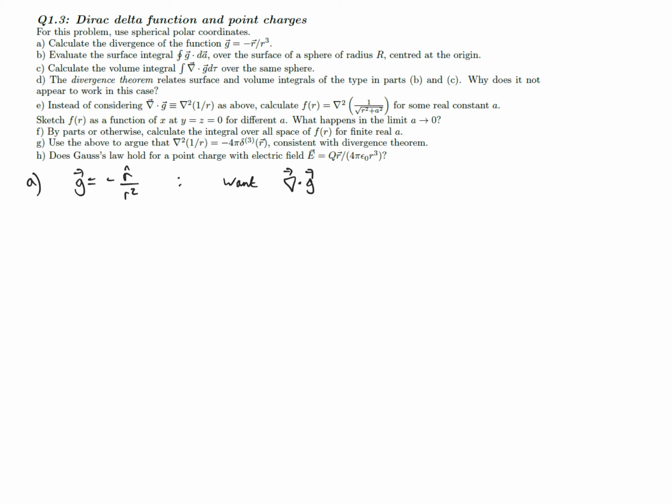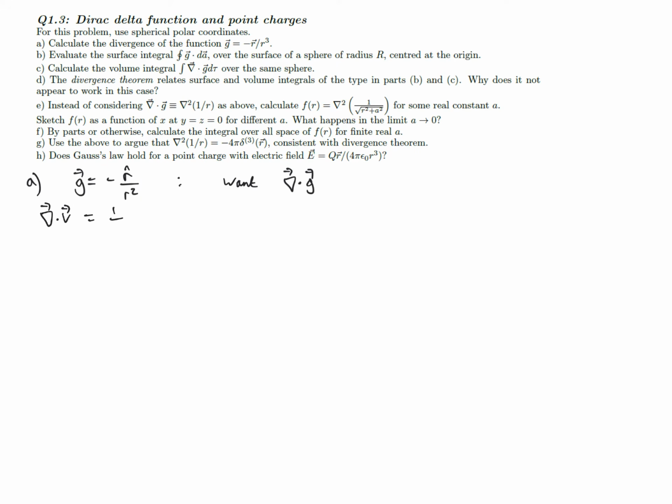We can calculate this divergence in Cartesian coordinates, or any coordinate system, but it will be a bit more complicated. Have a go at trying that, if you like. It is a useful exercise, but the easiest way, certainly, is to use spherical polar coordinates. And to do that, we need to know the representation of the divergence of some vector field, let's call it V, in spherical polar coordinates.